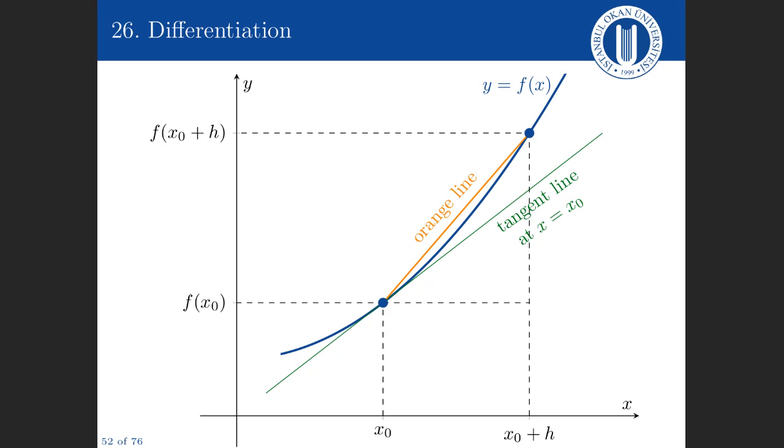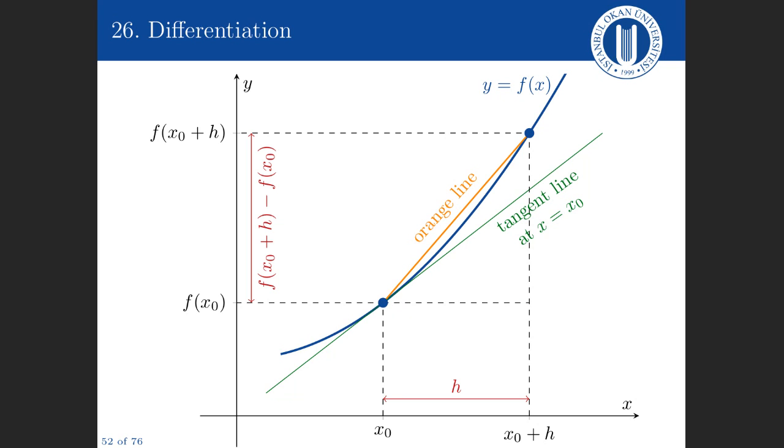Let's suppose the orange line connects these 2 points together: the point on the graph where x is equal to x0, and the point on the graph where x is equal to x0 plus h for some number h. Then we have a triangle here. We can measure the width and the height of this triangle.